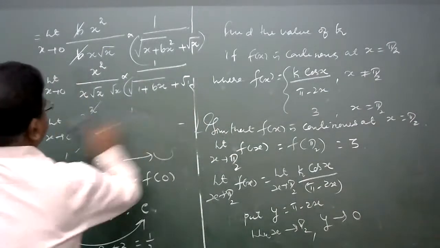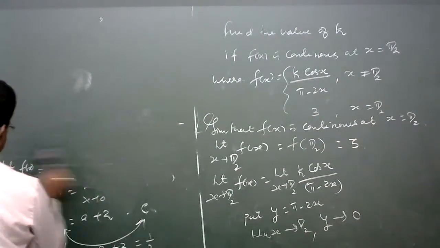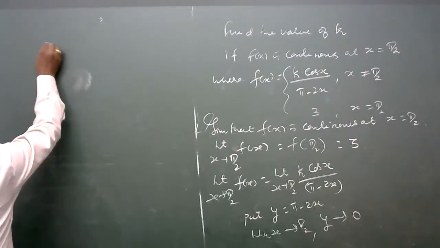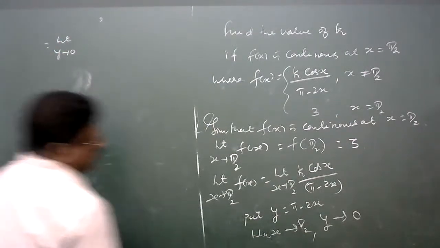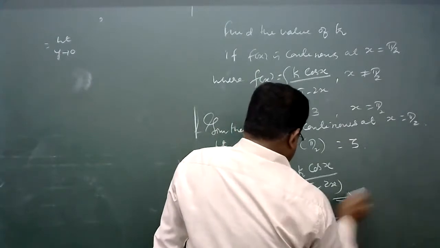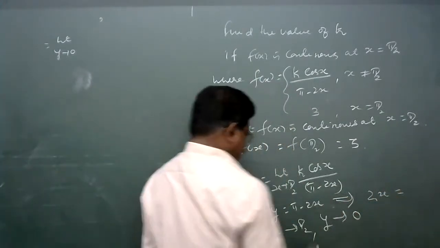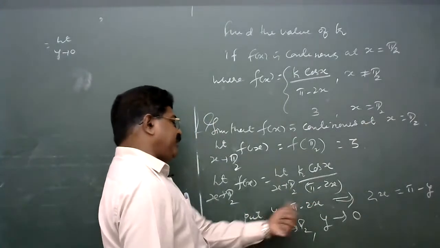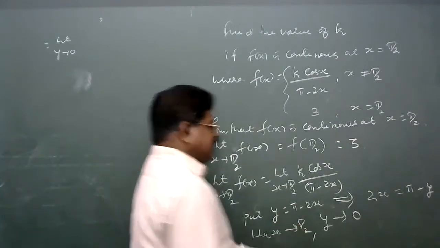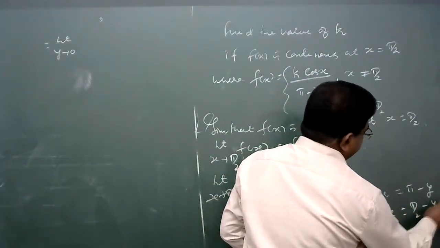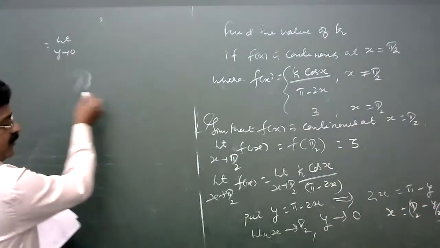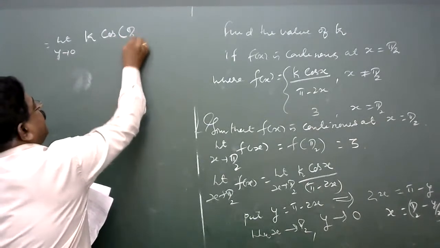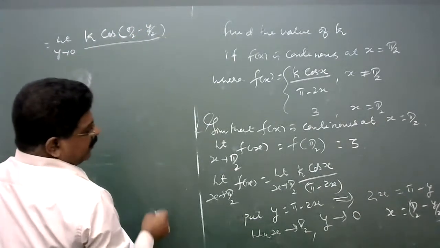Now, what is the value of x? 2x is equal to pi minus y, since y is equal to pi minus 2x. Then x is pi by 2 minus y by 2. Now this is equal to limit y tends to 0 of k into cos of, where x is pi by 2 minus y by 2, the whole upon y.